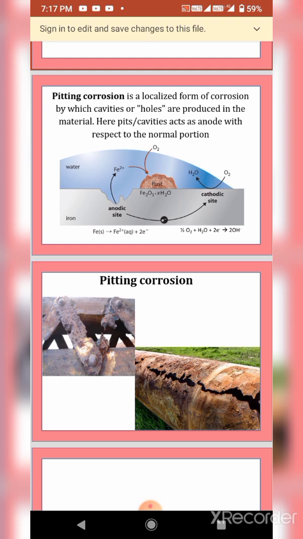So the net reaction will become Fe plus H2O plus half O2 goes to Fe(OH)2, and this Fe(OH)2 will undergo: 2Fe(OH)2 plus H2O plus half O2 goes to 2Fe(OH)3, and we can write this as Fe2O3 into 3H2O. Fe2O3 into 3H2O is nothing but rust.